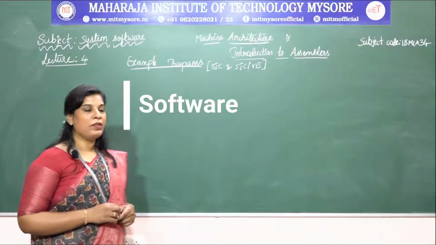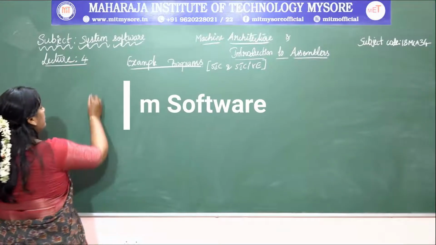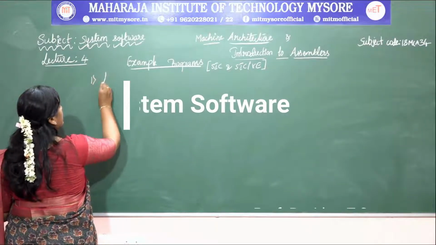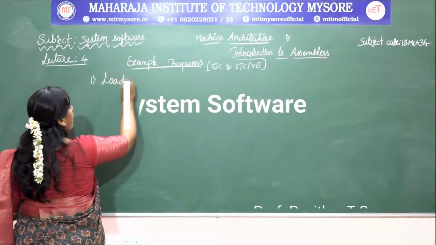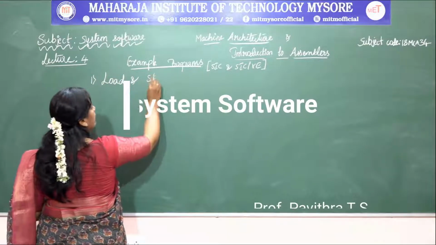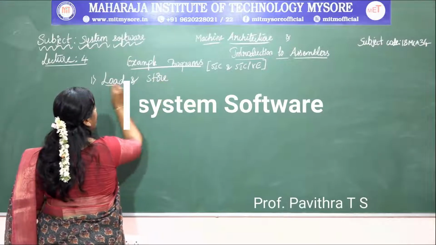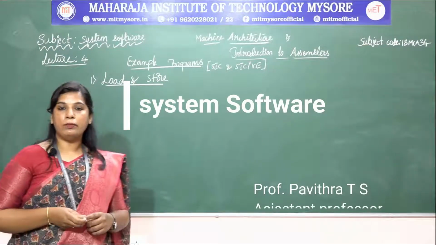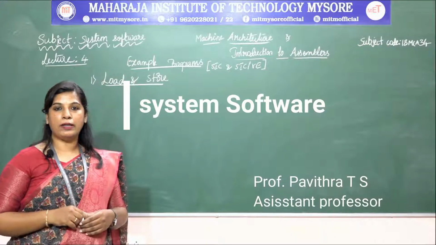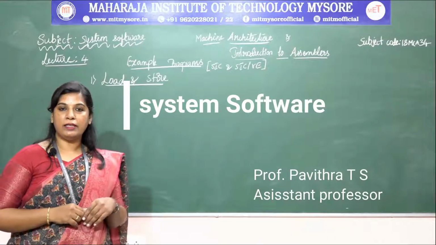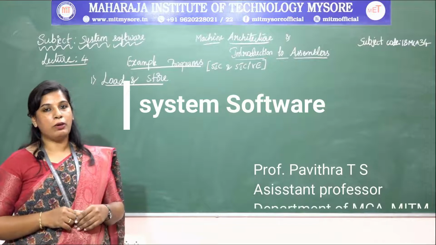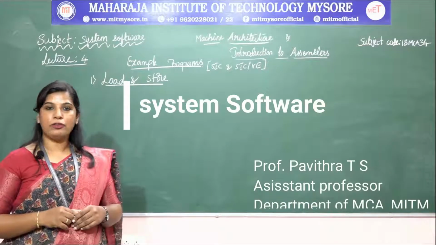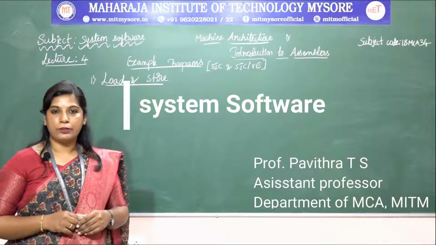machine architecture. First I would like to take a simple program on the topic of load and store instructions. As we know, we cannot move data from one memory location to another memory location directly. While moving the data from one memory location to another, of course we have to use some registers.